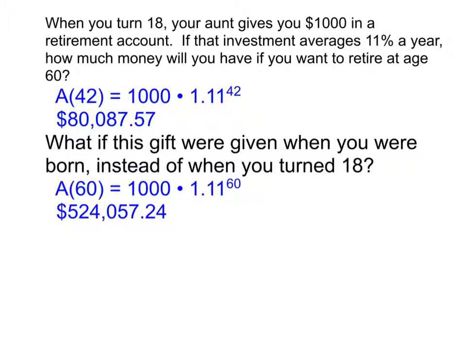Hence the phrase compounding, because it's building on itself as you go. Now, if you end up fortunate enough in life to be one of the people who can give a gift of $1,000 to someone when they're born, that'd be a pretty cool gift to give to someone, right? Something good to think about.